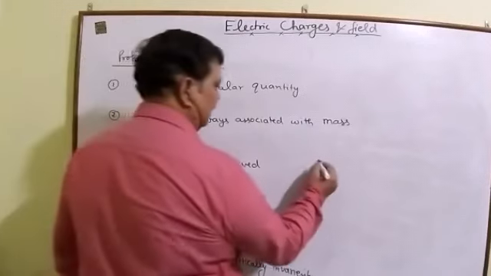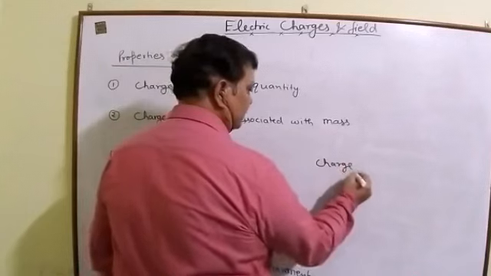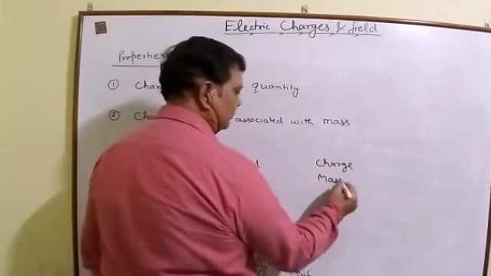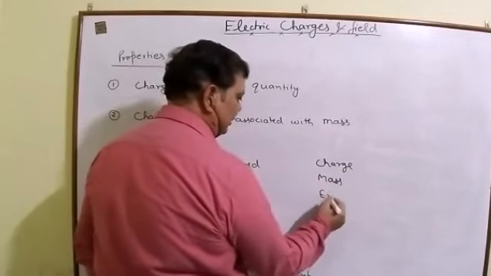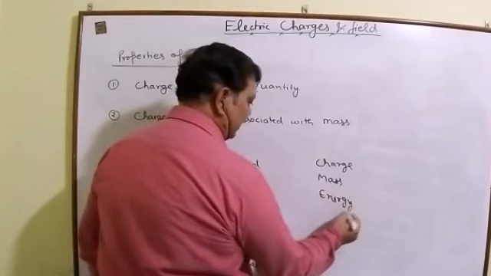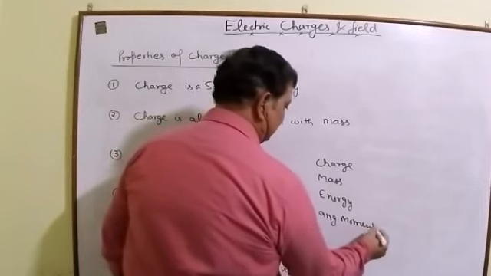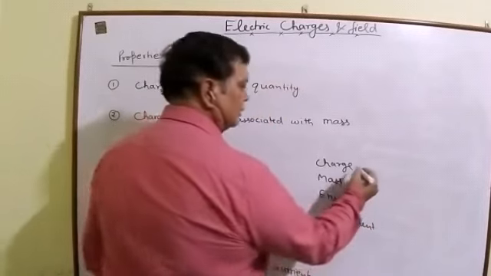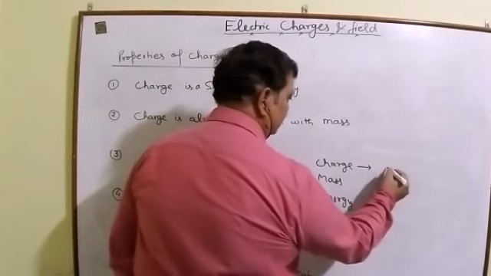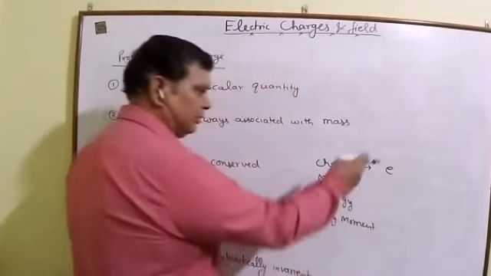One is charge, other is mass, third is energy, fourth is angular momentum. And here the quantum of charge is E, the minimum possible value.